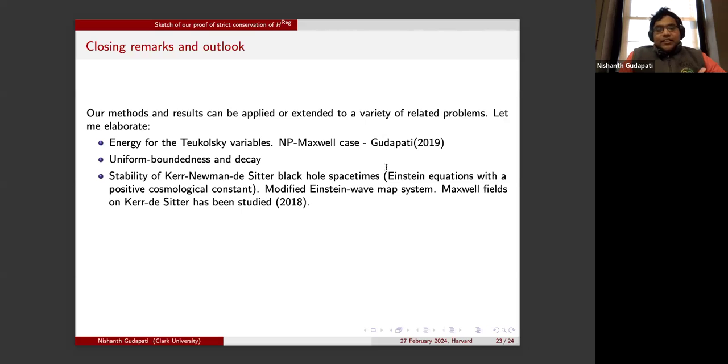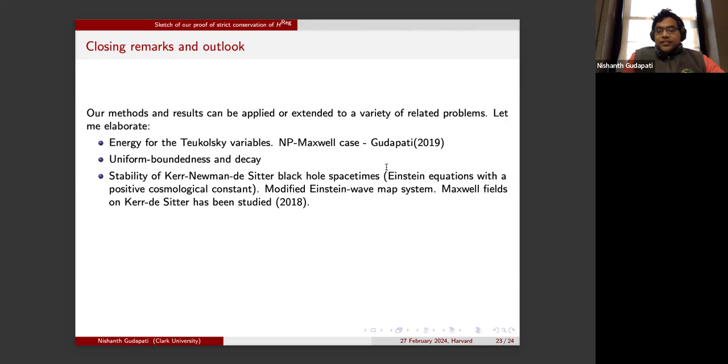And these results can also be extended for the de Sitter spacetimes as well, where the perturbation region is a compact region outside the event horizon of the Kerr-de Sitter black hole. For that also, you can consider a related system called a generalized Einstein wave map system, where the essential structure of the Einstein wave map system remains, but we have some added term that can be dealt with in a nice manner.